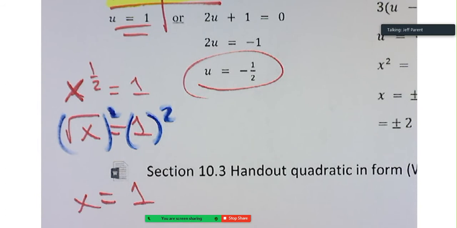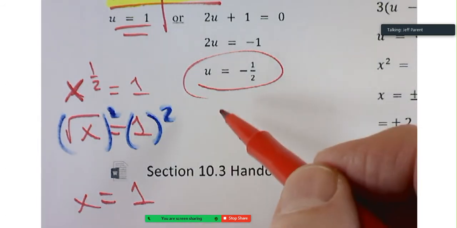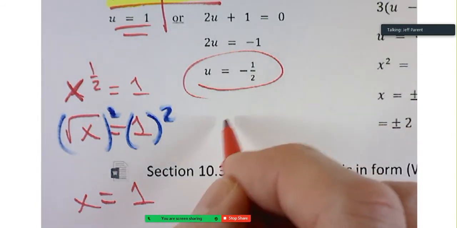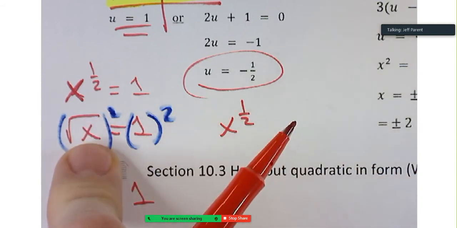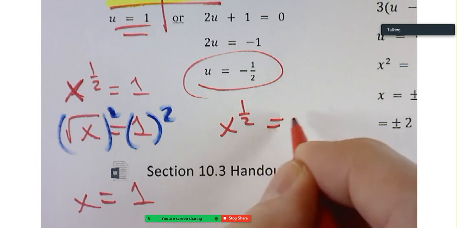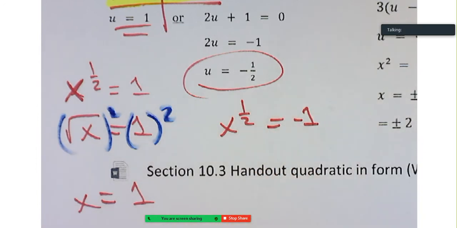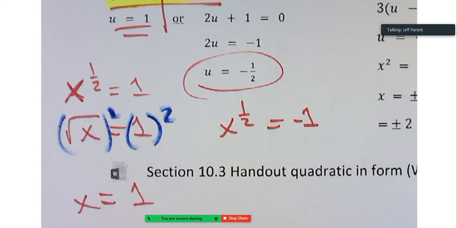Let's do the same thing here, except this time I'm not going to write it as the square root of x. I'm going to leave it as x to the 1/2. And I want to show you another, nicer general way to think about solving these things. And that is, I want to raise both sides to the reciprocal power.